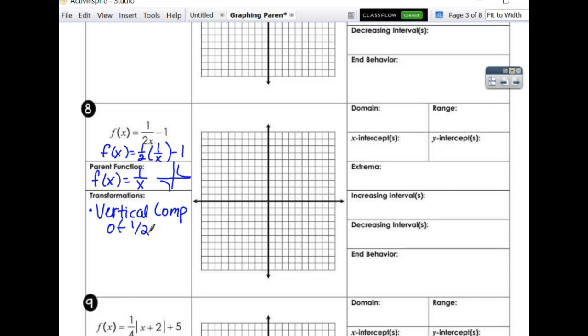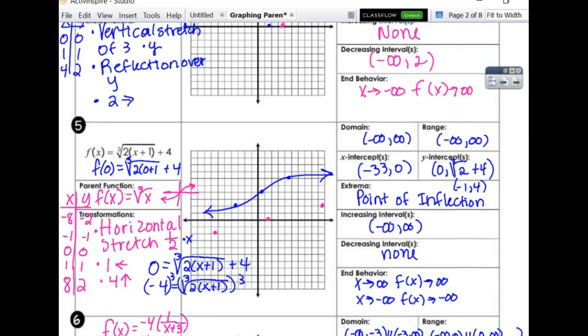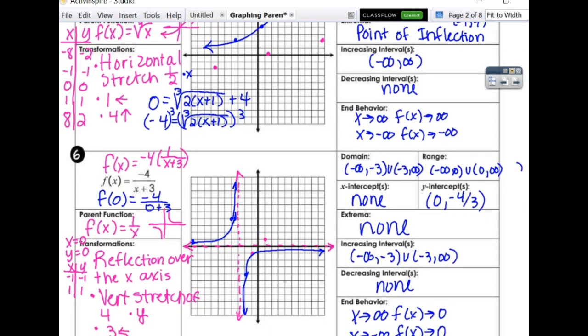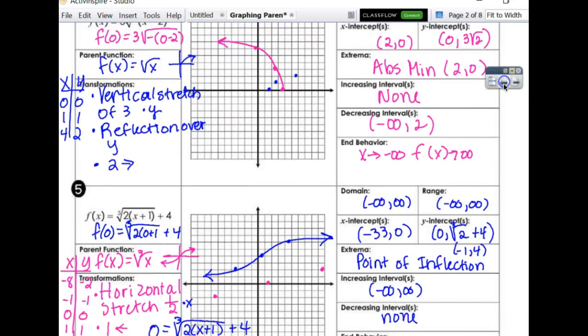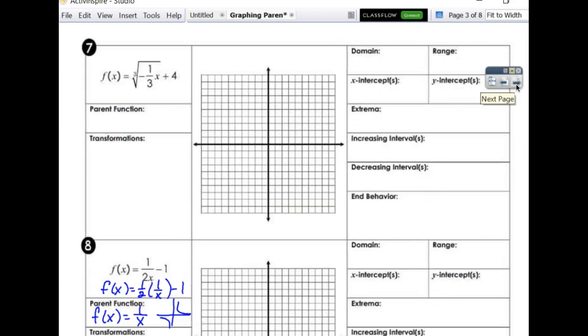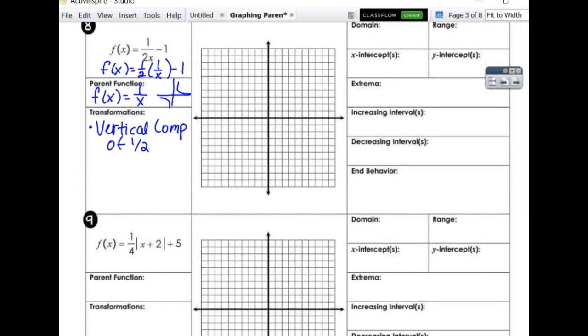So which, is that x or y? Oh, yeah. Okay, I wanted to make sure. Yeah. Okay. So what do I multiply, x or y? Y. And the minus 1 is 1 down.